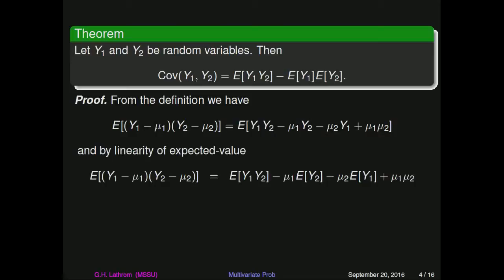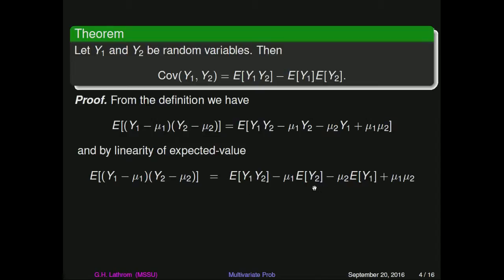Now we're going to apply the linearity properties of expected value. Linearity means that this expected value will distribute across these sums and differences, and any constants can be pulled to the outside. Mu sub 1 and mu sub 2 are both constants. So if we apply that distributive property and then pull out the constants, we have this expression.